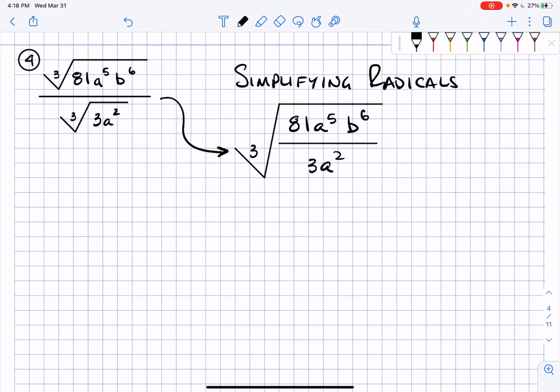That being said, when I divide, this is what I get. The cube root of 81 divided by 3 is going to be 27. A to the 5th divided by a squared is going to be a to the 3rd, and b to the 6th.